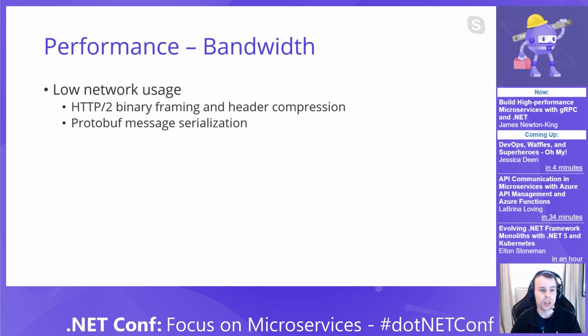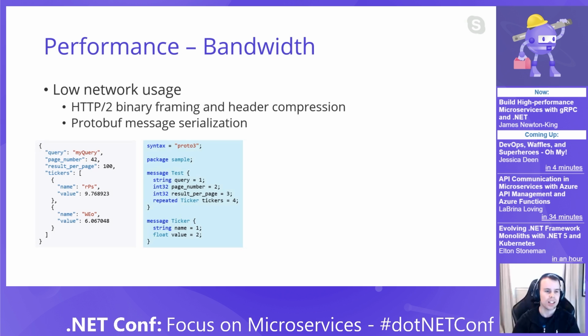The bigger contribution to low network usage is protobuf message serialization. It's a contract-first binary format. Here we can see some JSON on the left and a protobuf contract on the right. Because both the client and the server have the protobuf contract, we don't need to repeat all this information with every single call.